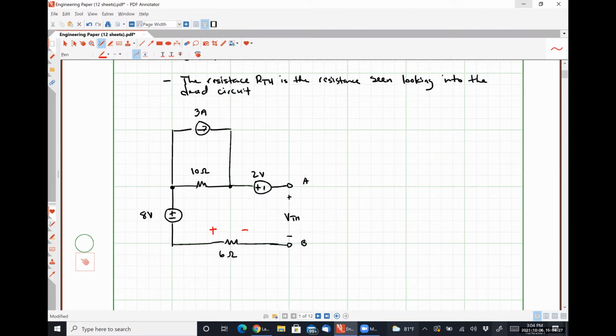Why? Exactly right. Because that resistor is not connected to a closed current carrying path, the voltage drop over it has to be 0 volts.